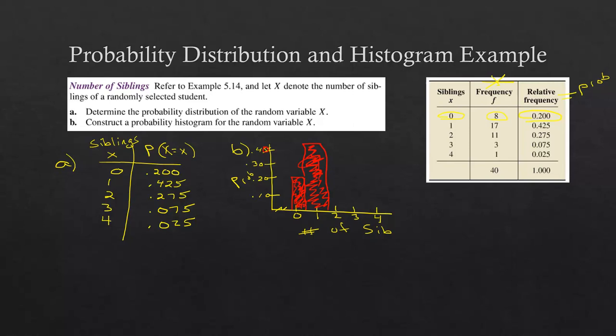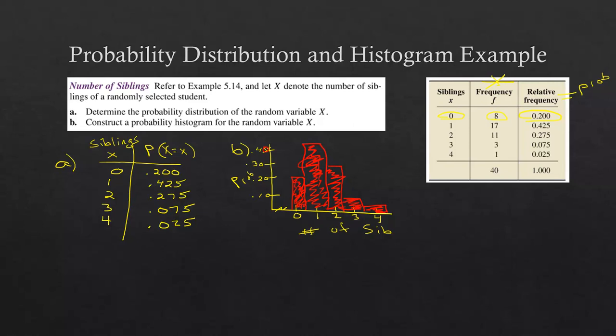Alright, 0.275 would be the probability when x is 2. 0.275 is going to be pretty close to 0.3 right here. 0.075 for 3 is pretty close to 0.1. And then 0.025. So here's our probability histogram, a rough drawing of it.